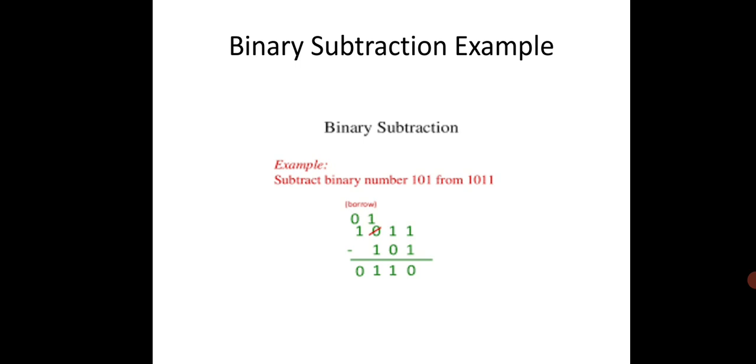In exam this type of questions will be asked, that subtract binary number 101 from 1011. So you have to write down this number 1011 minus 101. So we will start from the left hand side. 1 minus 1 it is 0. 1 minus 0 it is 1. 0 minus 1 difference is 1 and borrow is 1.